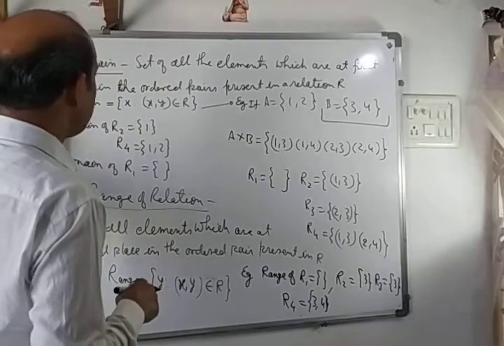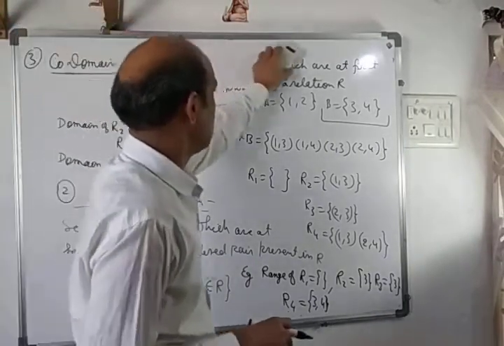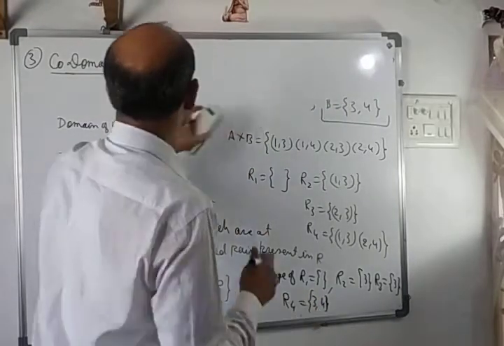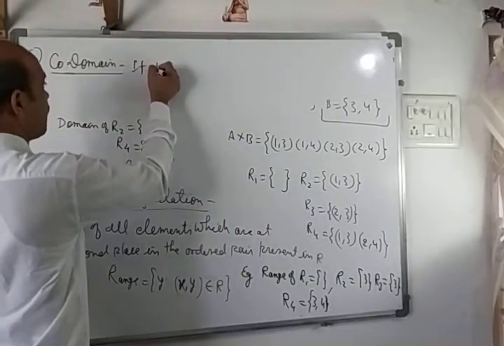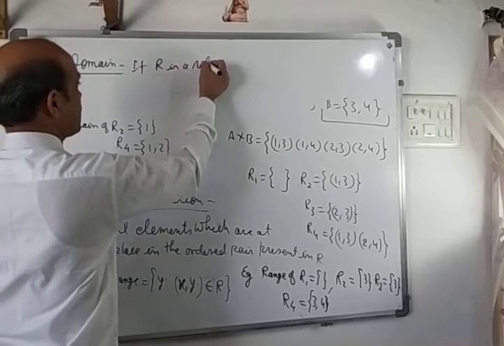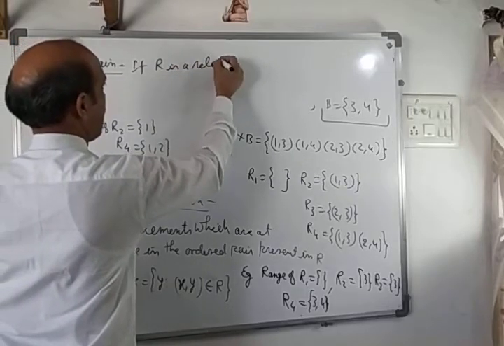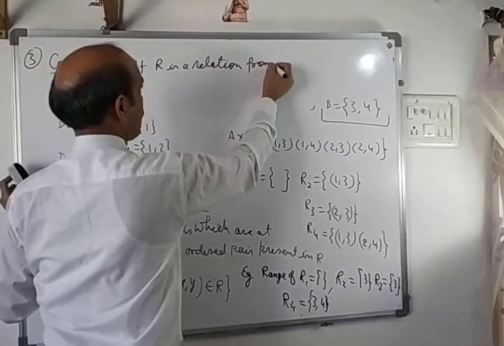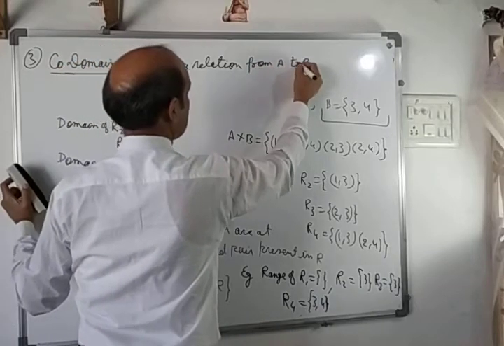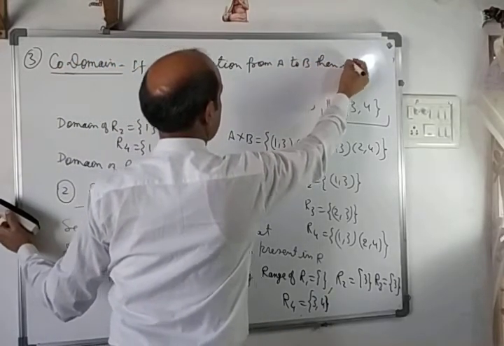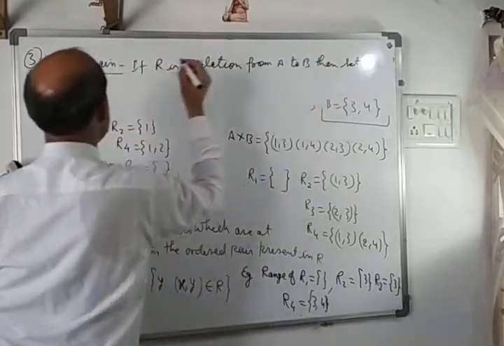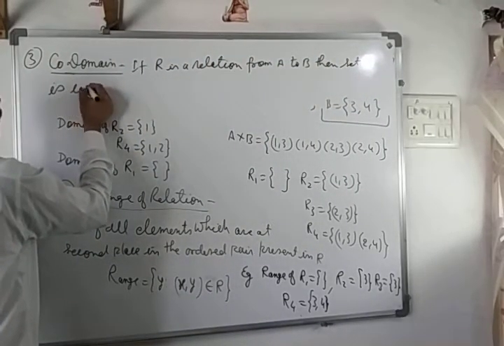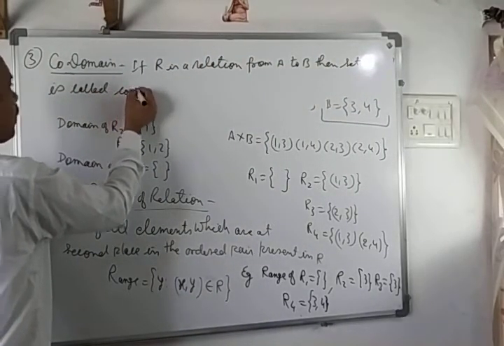So for codomain, if R is a relation from A to B, then set B is called codomain.